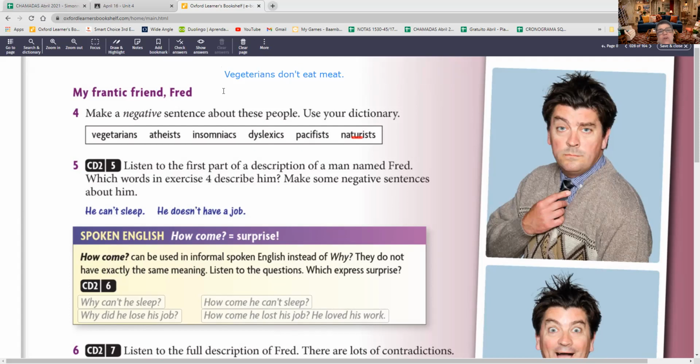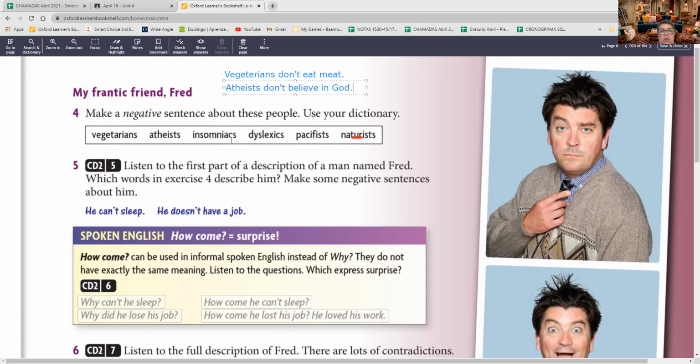Atheist is a person who doesn't believe in God. Atheists don't believe in God.